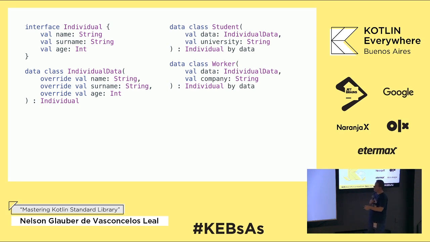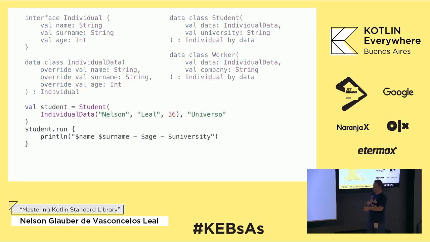Worker is still an individual, but I'm using composition to avoid the replication using IndividualData. So I can access directly the student's individual data, the university name, and I can call directly the properties name, surname, age, and university.